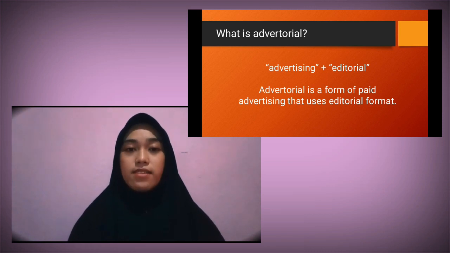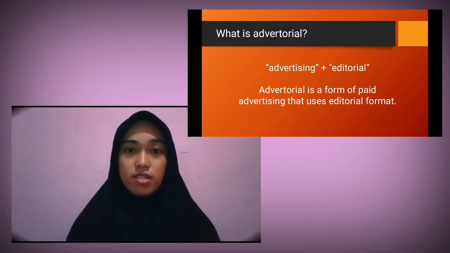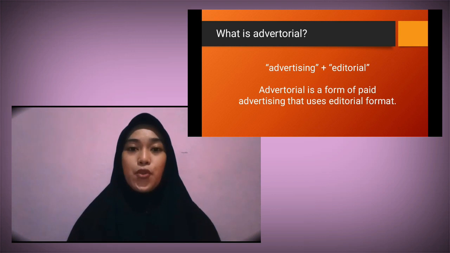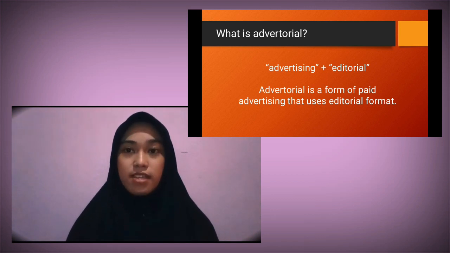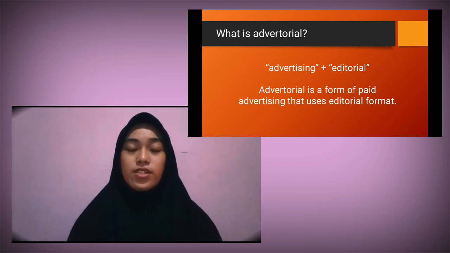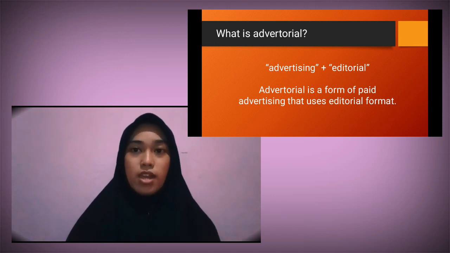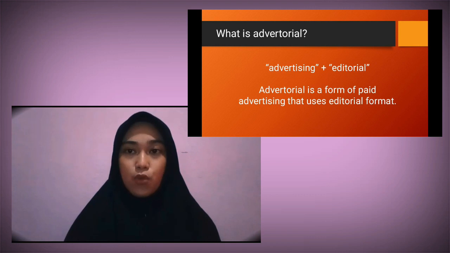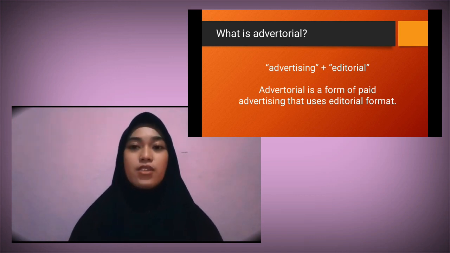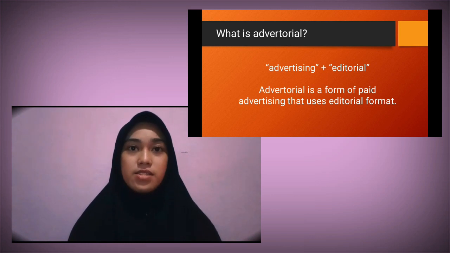From that we can take the definition of advertorial, that is a form of paid advertising which uses an editorial format. It is styled to look like editorial matter of a newspaper, magazine, or website. And usually a brand pays the publisher for such an editorial form.